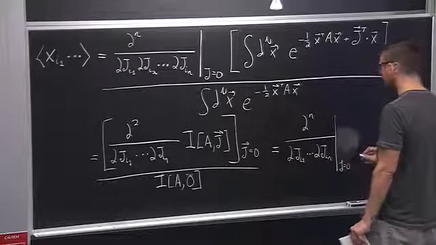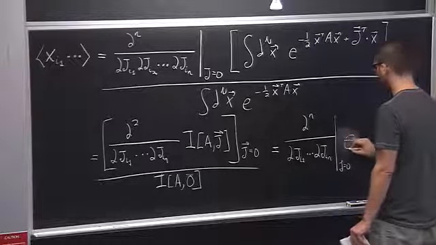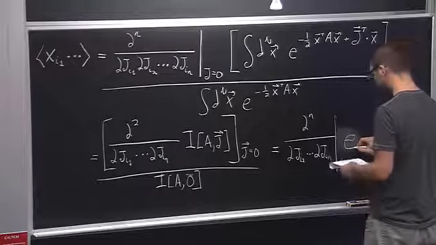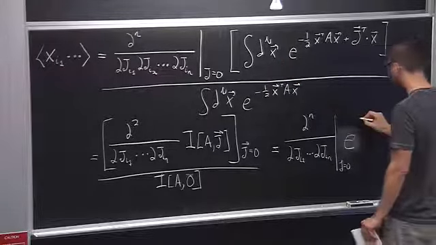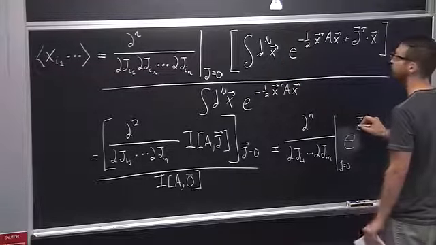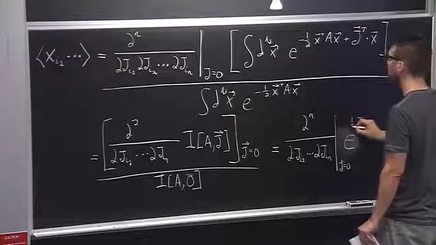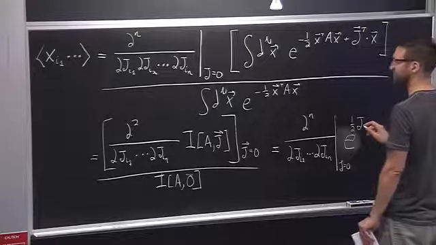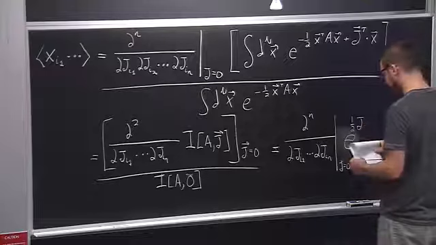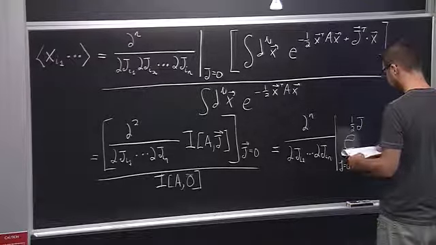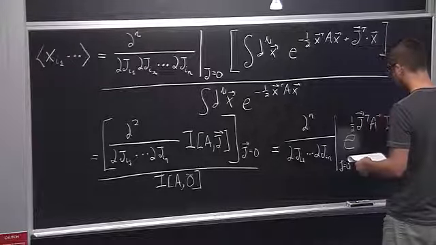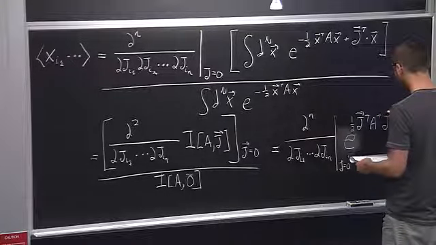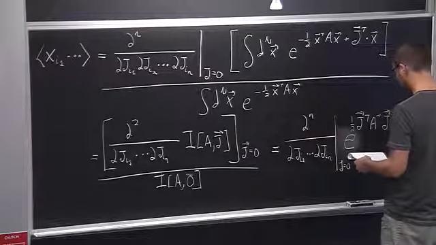And what's left over? It's e to the minus plus J.